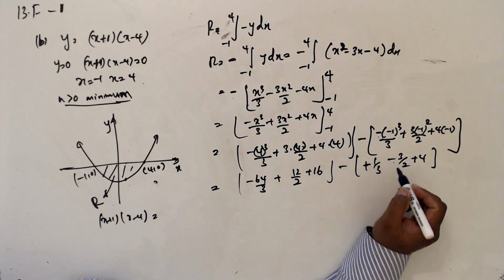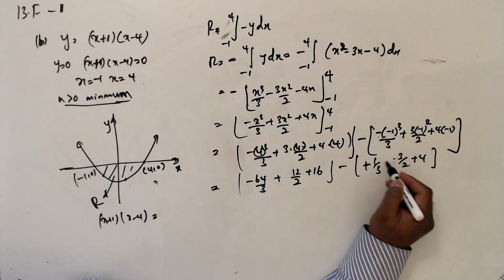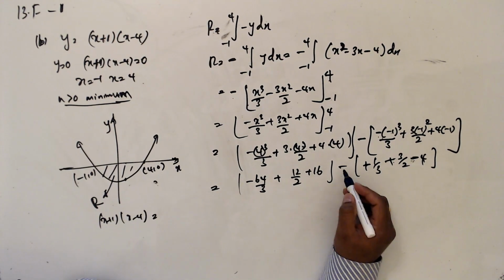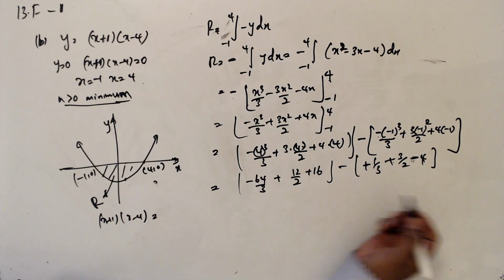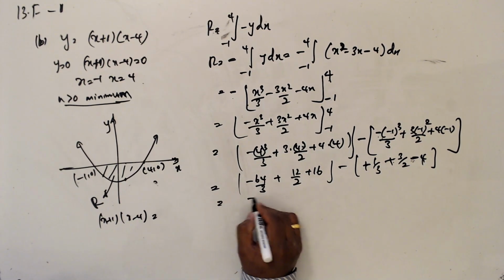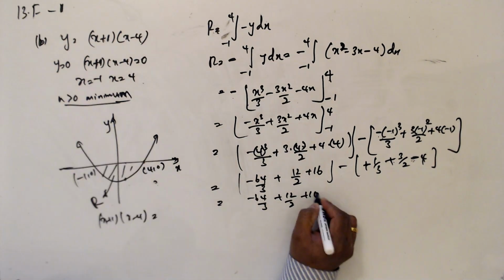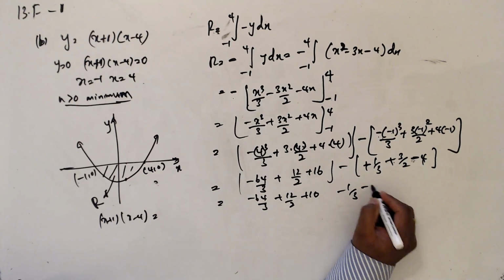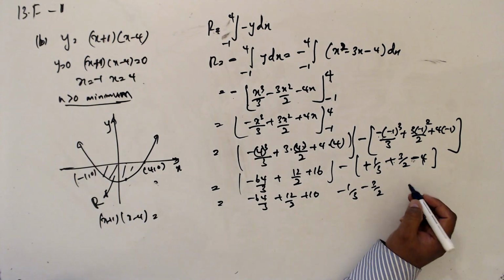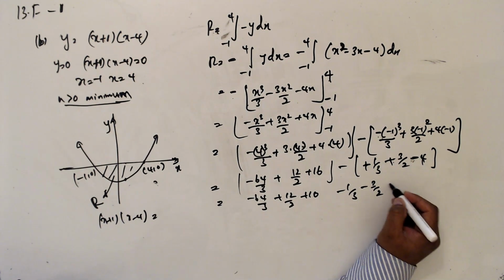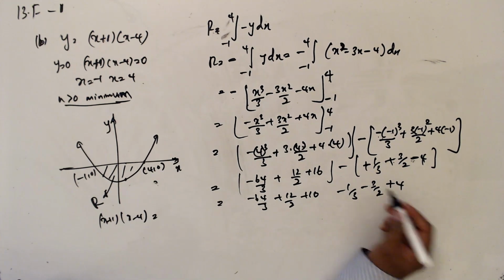I didn't take out this minus, so now we'll do it. So minus 64 over 3 plus 12 over 2 plus 16 minus 1 over 3 minus 3 over 2 plus 4.